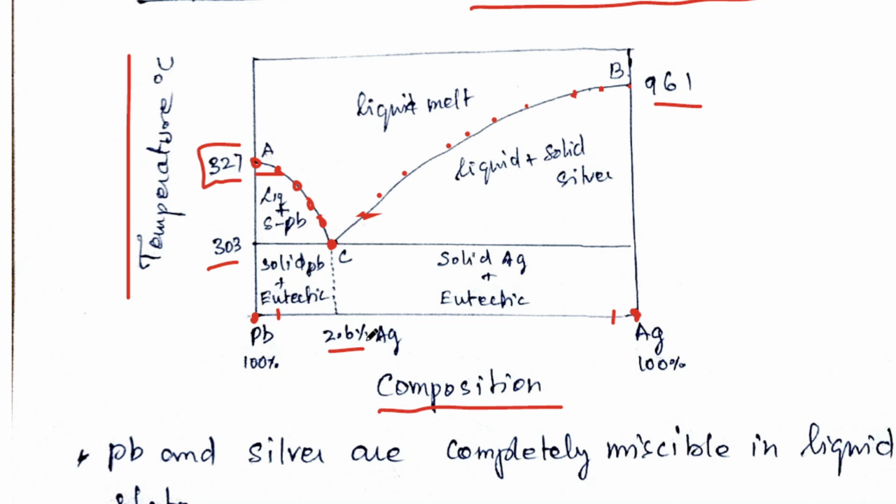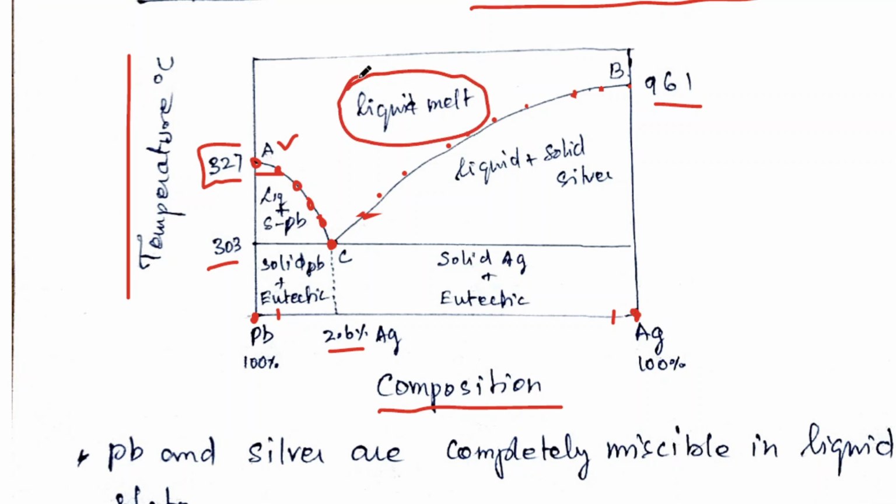Now let us explain the whole diagram, the curves and points. We have already seen what point A, point C and point B are. We also explained the curves AC and BC. Now let us explain the areas. As we have seen, in this area the mixture will exist in a homogeneous, miscible liquid state.